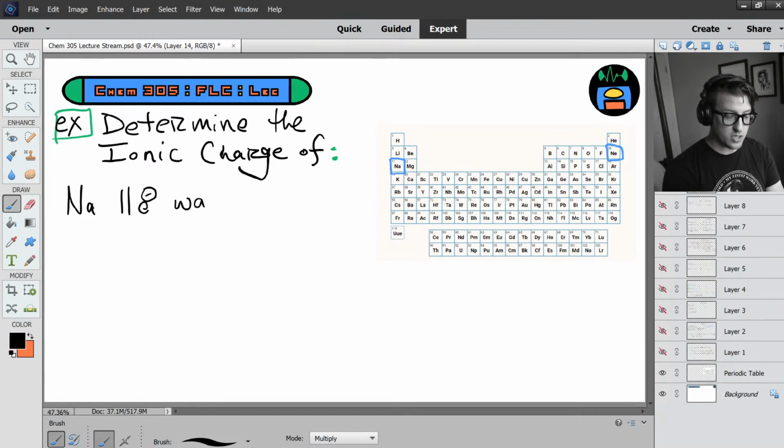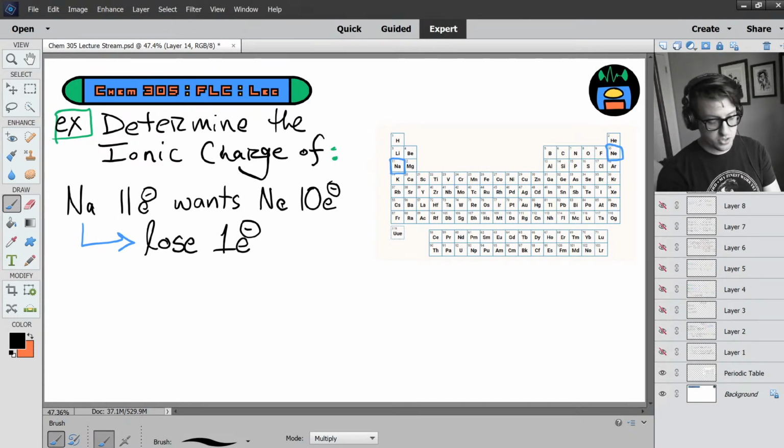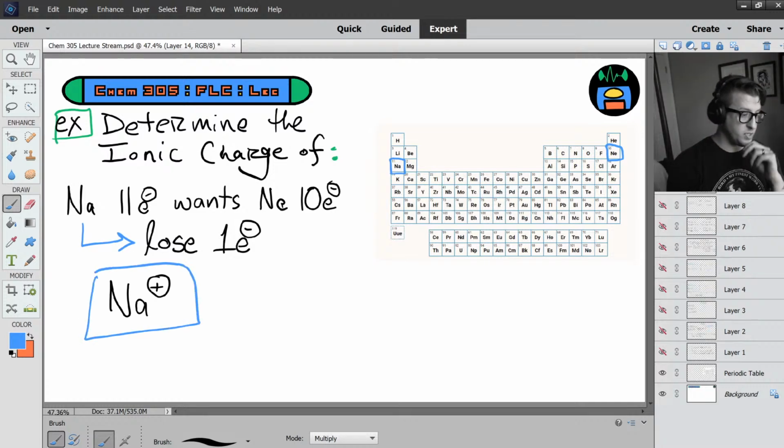Sodium has 11 electrons, but it wants to be like its nearest noble gas, which has 10. So to have the same electron configuration as neon, sodium needs to lose 1 electron. What happens when you lose 1 negative charge? You're going to have an excess of positive left over. If you lose 1 negative, the charge of your species will be +1. So sodium is +1.